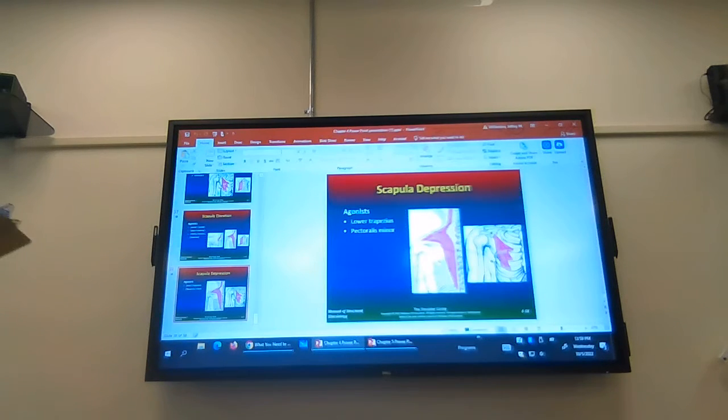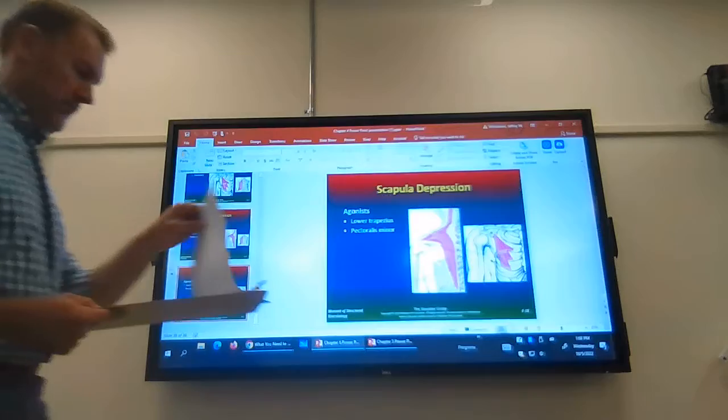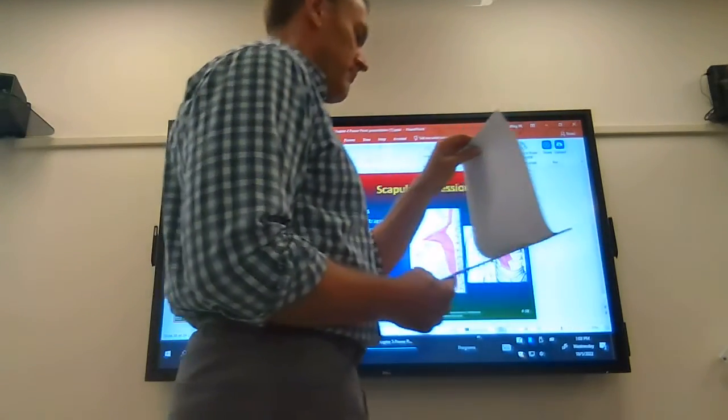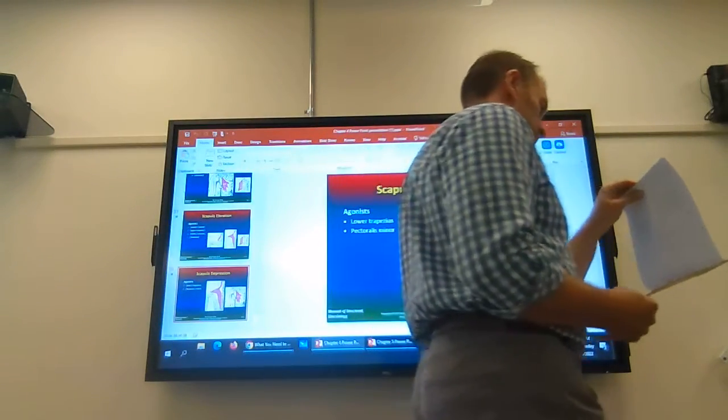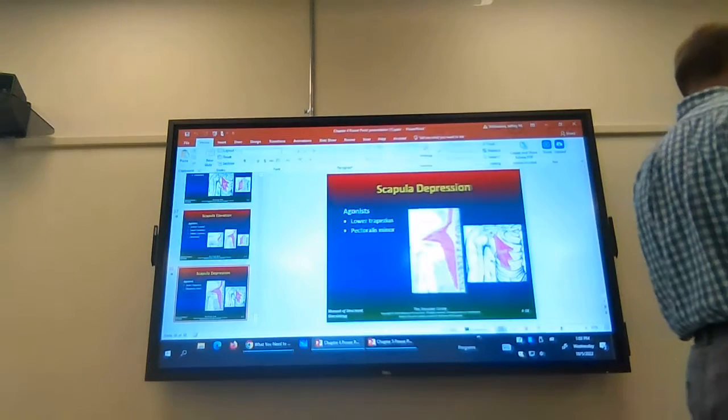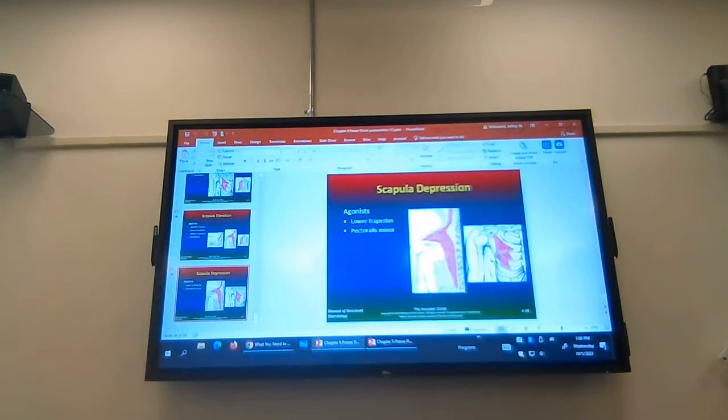I'm sitting there counting, I'm like, wait a minute, this sounds like the same one. So that great big one all the way down the middle, eight down, serratus anterior. Serratus anterior. Two R's.